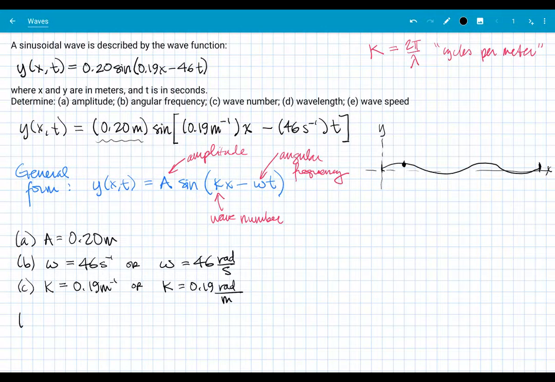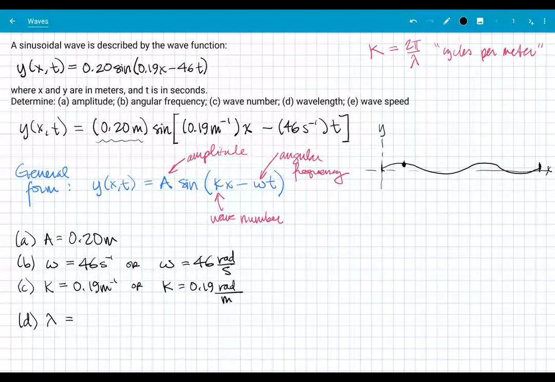Part D, what is the wavelength? Well, the wavelength is not in our general form. There are a couple different ways you could do that, but the wave number, remember this equation up here, relates to the wavelength. So I would use that.